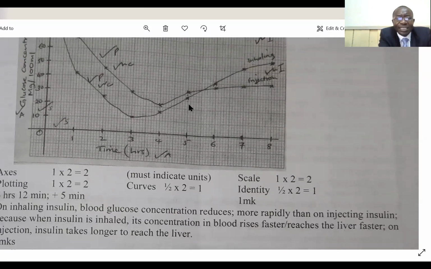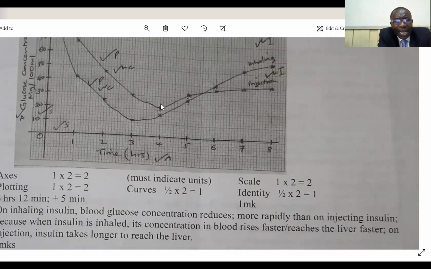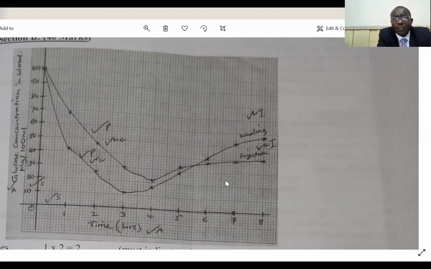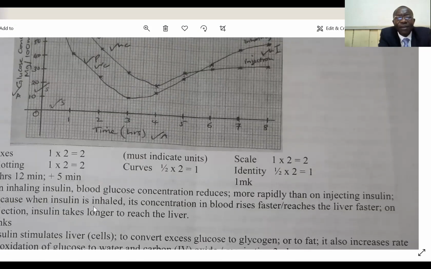Then we come to my extreme left. We talk about the plotting. How many graphs are we plotting here? We are plotting 2 graphs. We are plotting 2 curves. Every curve has 1 mark when it is well plotted. How many curves do we have?